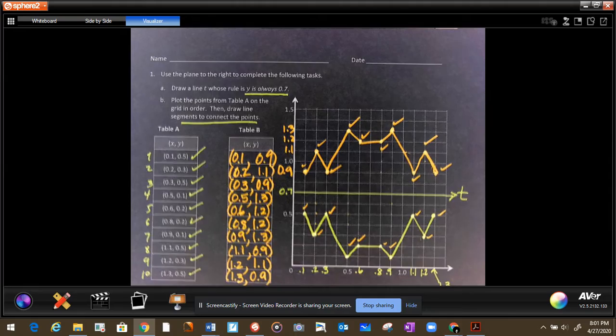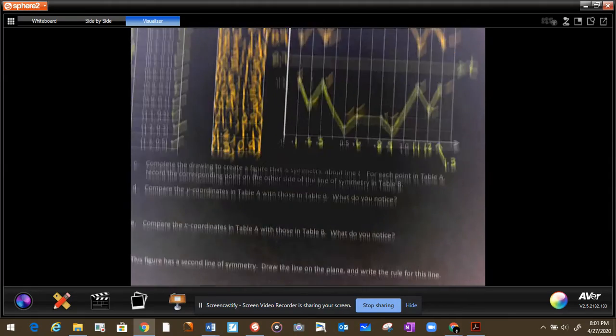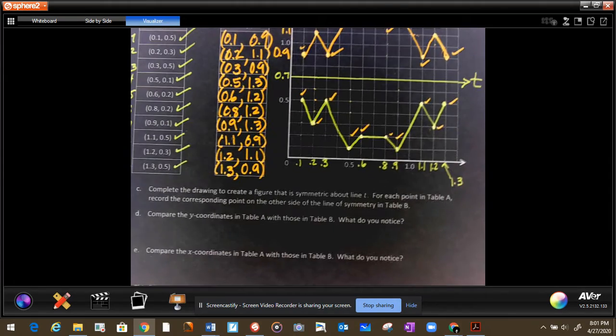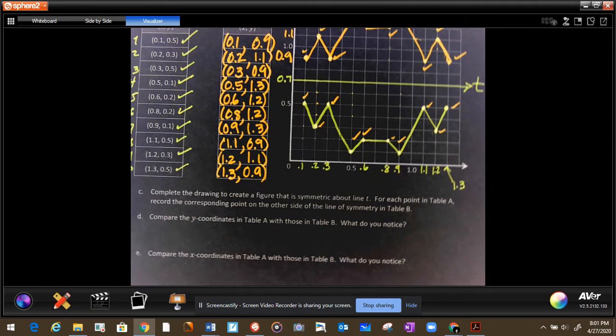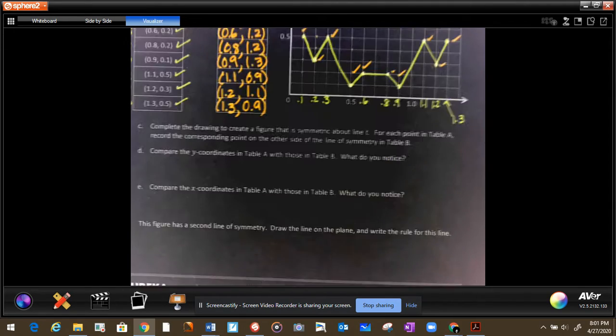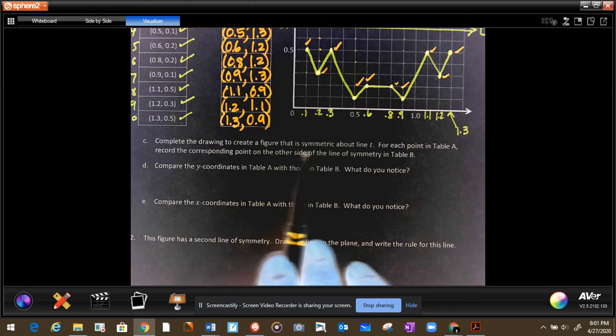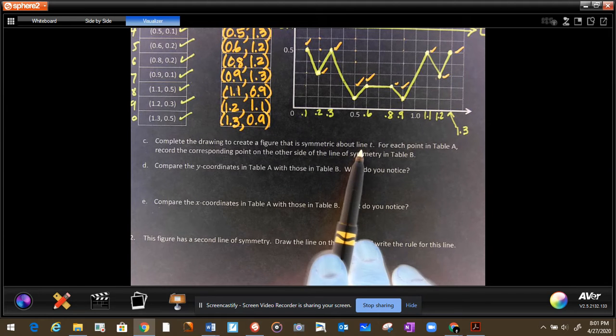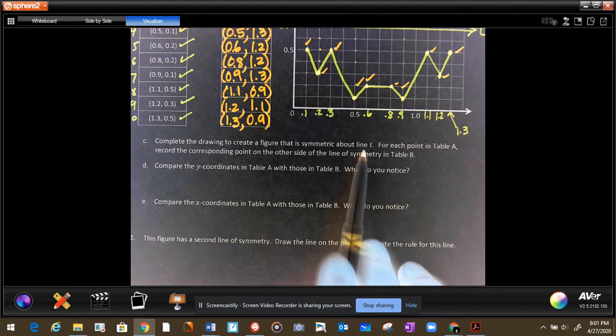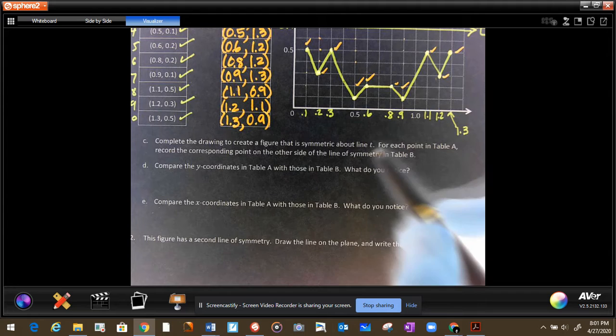Okay, now let's answer questions, because that's going to be related to the symmetrical shapes. Let's see what this says. Complete the drawing to create a figure that is symmetric about line T. So we did that already. We completed the figure, check.